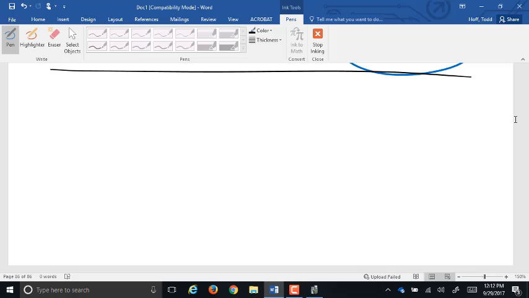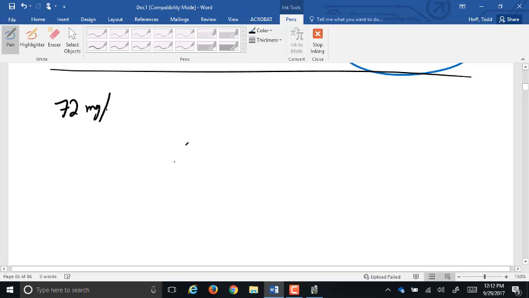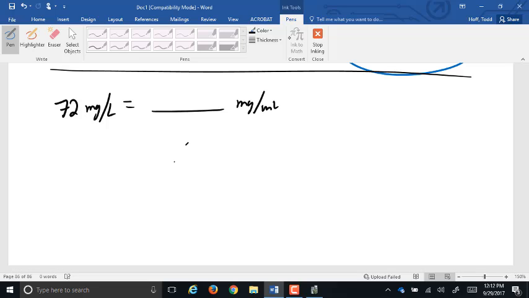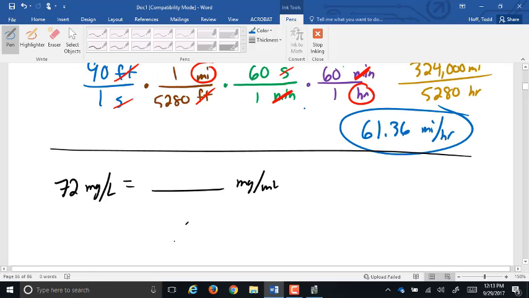So if you wanted to convert this type of stuff in the metric system, you might have something like 72 milligrams per liter, and you want to convert it into milligrams per milliliter. Now our metric units, we don't have to use those conversion factors, right? We didn't use the dimensional analysis there.